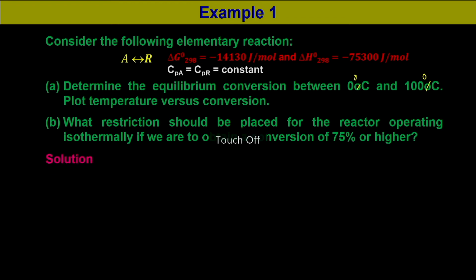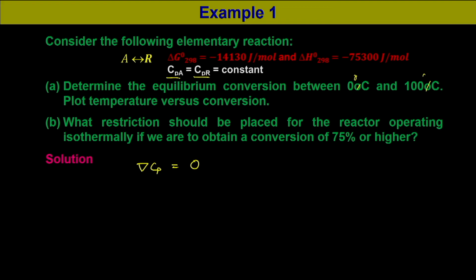So, let us solve it. As we can see, the specific heats Cpa and Cpr are given constant. So, since Cpr and Cpa are constant, delta Cp would be equal to 0.